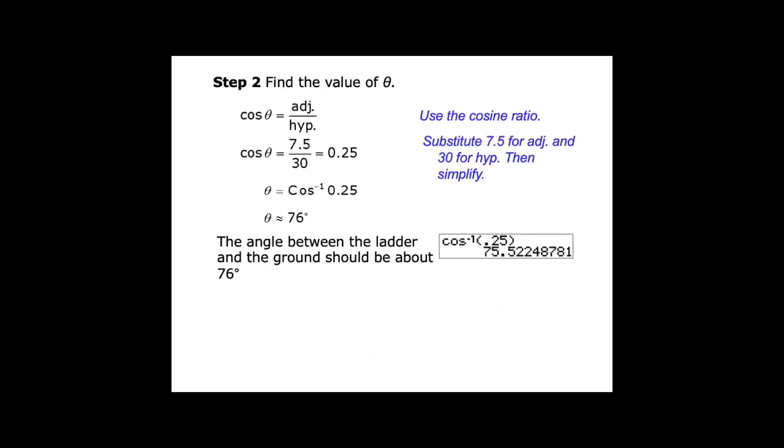Cosine equals 7.5 over 30, which is 0.25. And then you will put theta equals inverse cosine of 0.25, and that will give you about 76 degrees if you plug it into your calculator. And down here, this box is showing you how to type it in. And then since it's 75.5, we would just round that up.